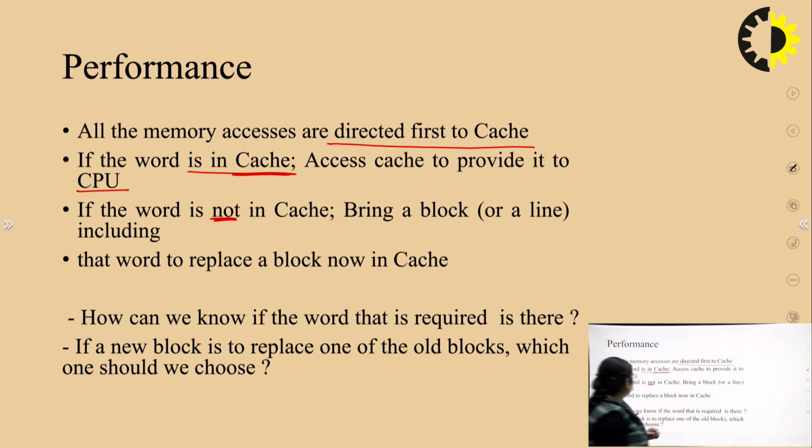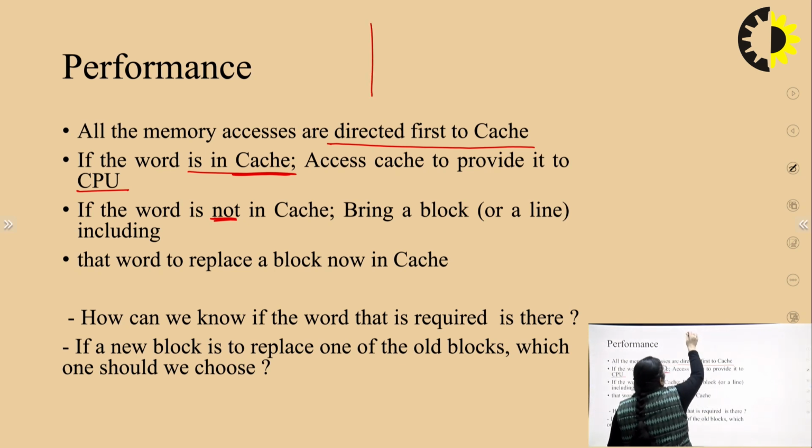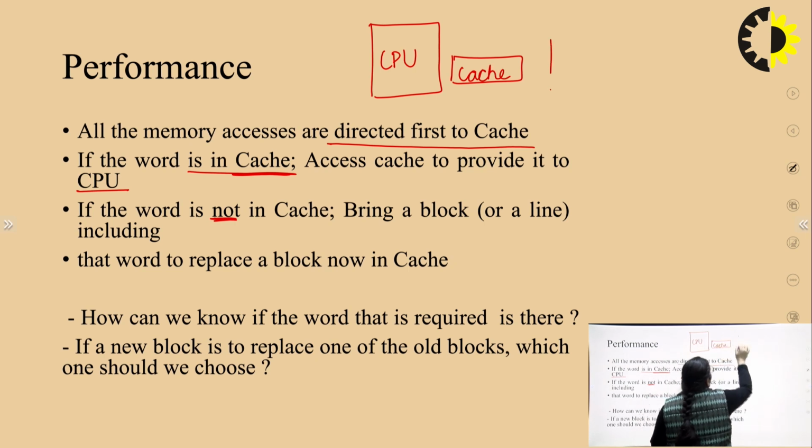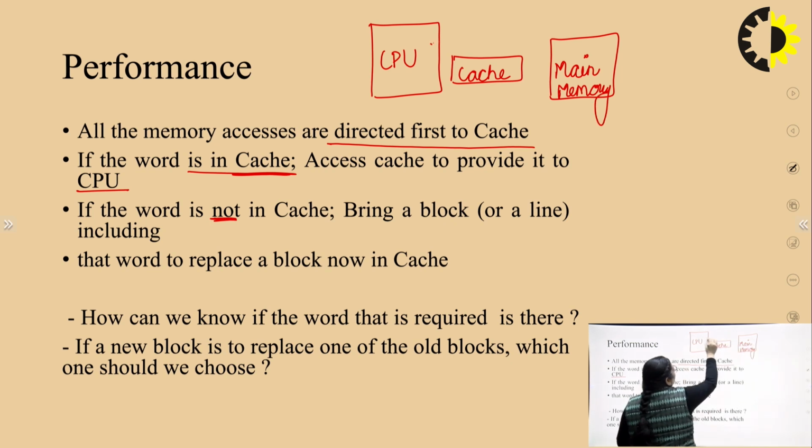Explaining this more, let's suppose this was the CPU. Here I have put the cache memory, and now we have the main memory. So earlier our operation was that whenever the CPU wanted some data, what it used to do? It used to access the main memory for that. Now we have put a cache in place. So the CPU will search in the cache.